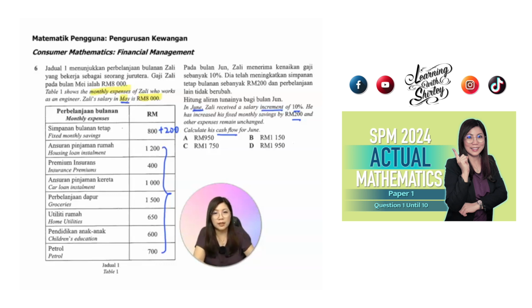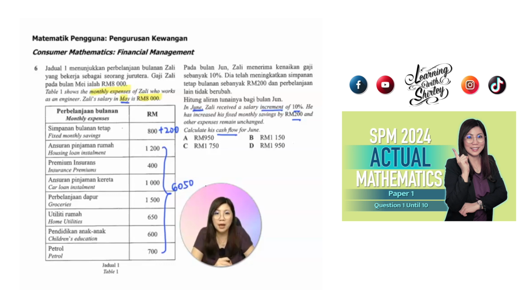let's calculate. So 1,200 plus 400 plus 1,000 plus 1,500 and then plus 650 and then plus 600 and plus 700. So you will get 6,050. Okay, so you have 6,050 here. So we need to calculate how much is Zali's salary in June after the increment of 10%.